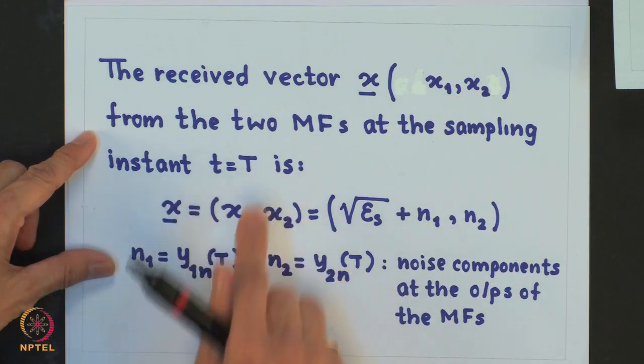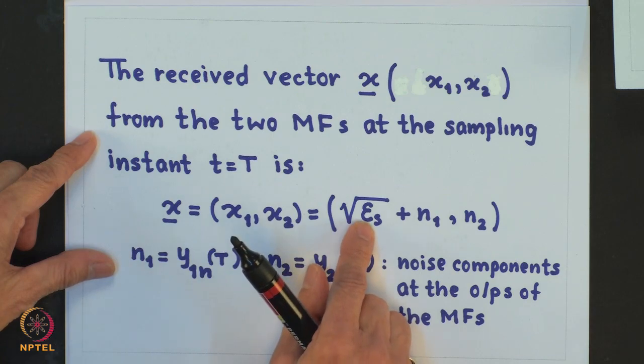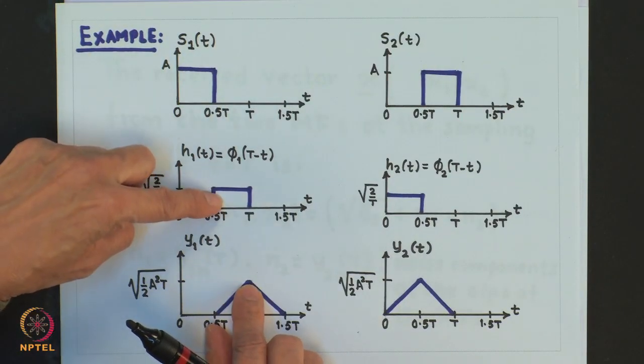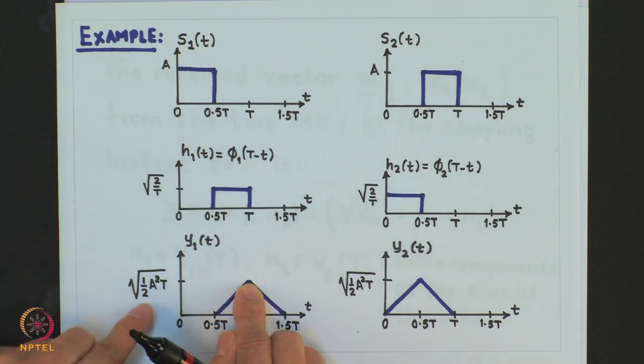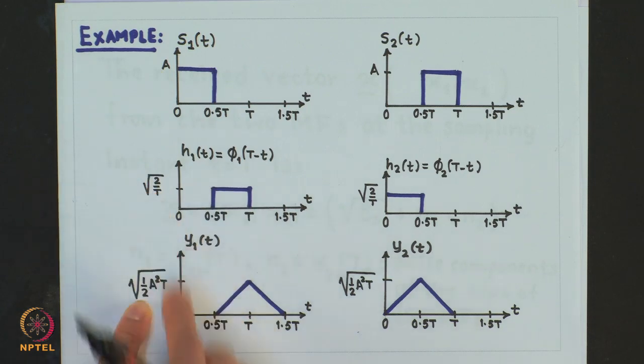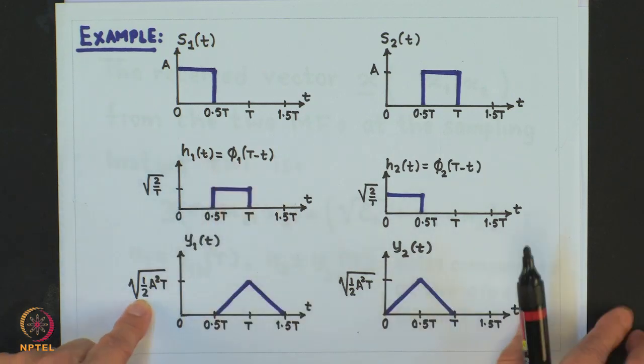So, at t equal to capital T, for the first one I will have the signal component. When this and this coincide, the maximum value here is given by what I have written out here. It is a multiplied by root of 2 by T, which is equivalent to root of a squared T by 2, correct?